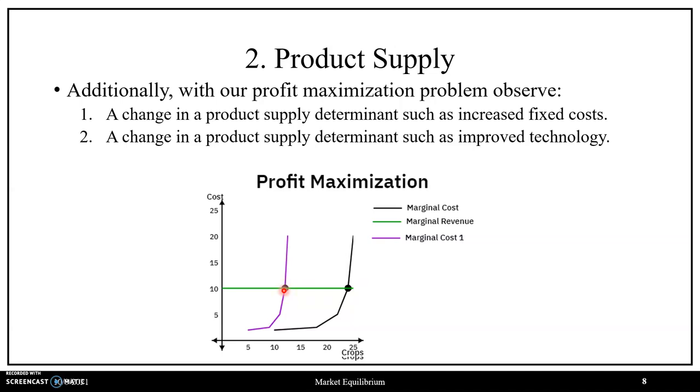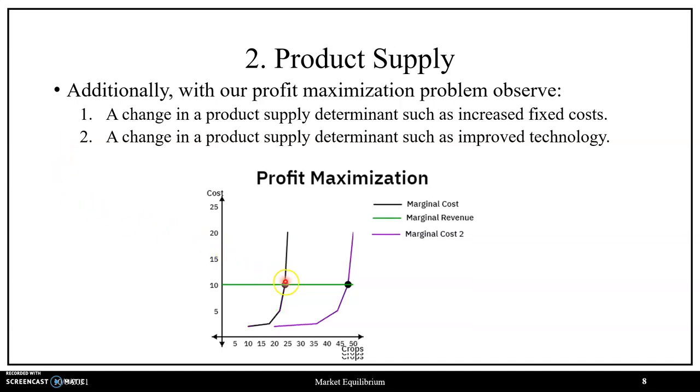Now to see that a rightward shift also holds, let us consider the secondary case in which we have an improvement in production technology. With an improvement in production technology, we would expect a rightward shift, in that it's easier to produce the good and service in question, holding the price of that good constant.